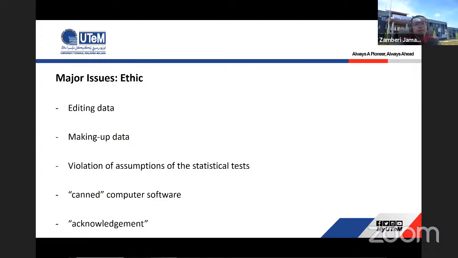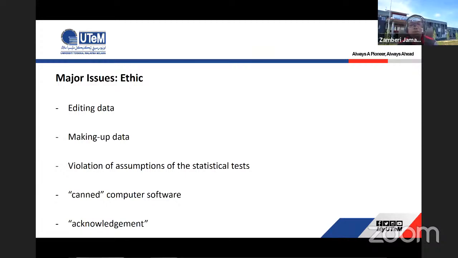So please help ensure that our students, whether undergraduate or postgraduate, do not fall into this trap of editing data. They might be pressured to produce good data.